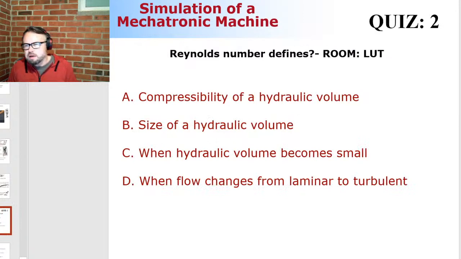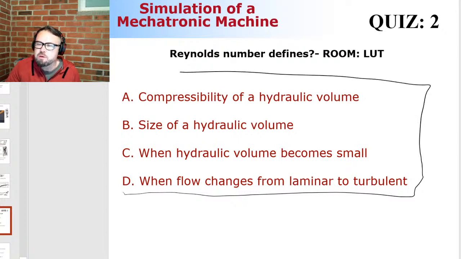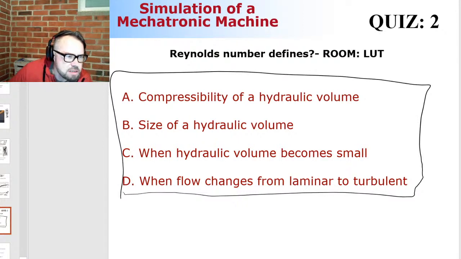But let's move on and let me ask you this. Reynolds number, what is that defining for us? Compressibility of hydraulic volume, size of the hydraulic volume, when hydraulic volume becomes small, or when flow changes from laminar to turbulent. Those are the four options. Let me go back to my Socrates.